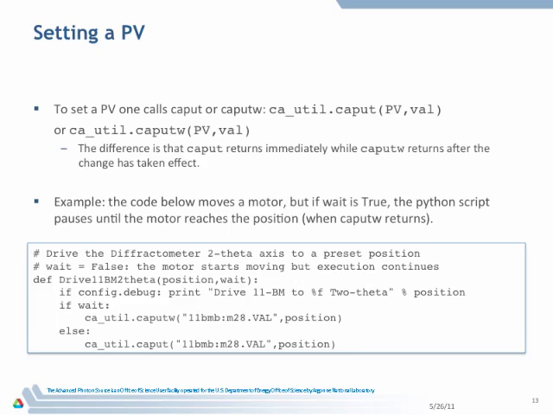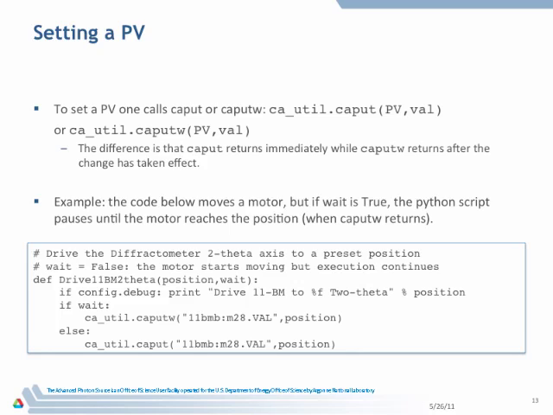Setting a PV is similar, except now we specify a value. So it's either caput or caput wait with a PV name and a value. So here's an example of some real live code. When I want to drive the 2 theta motor on 11BM, I call this routine, and I give a position.